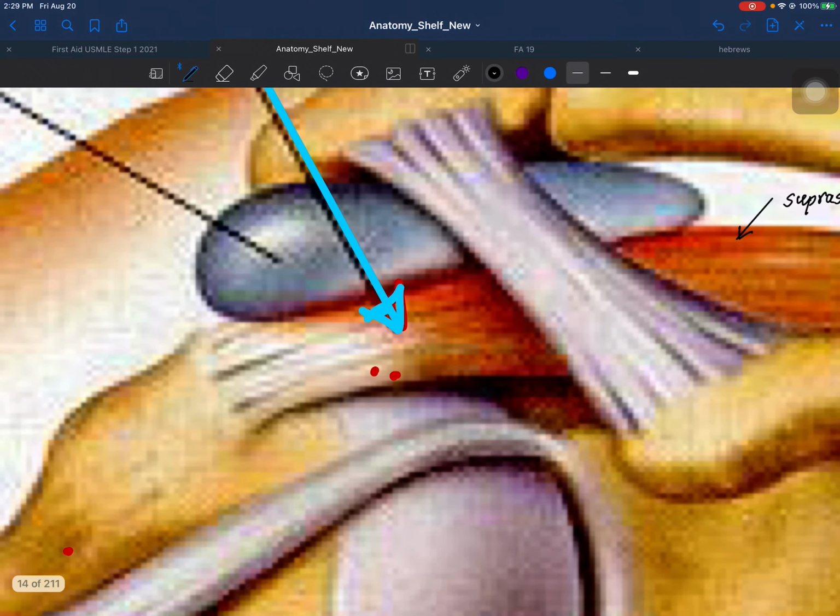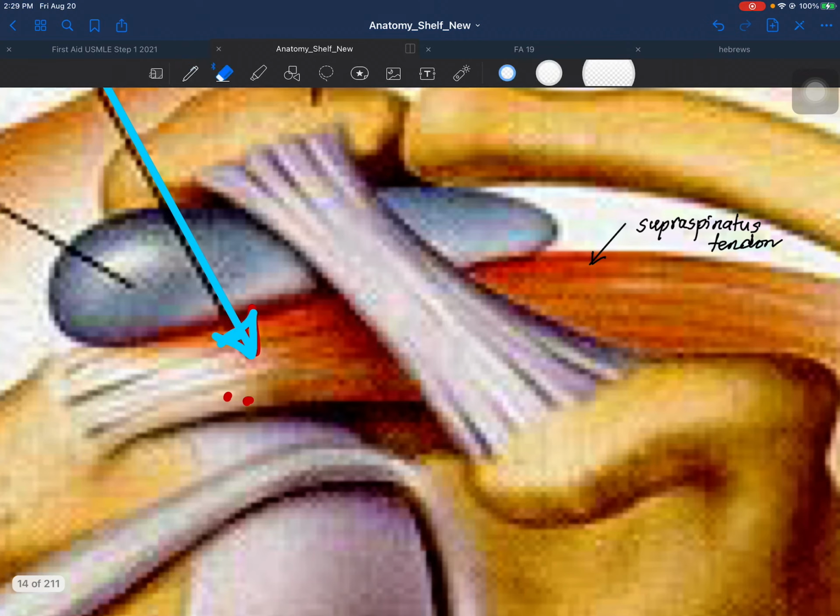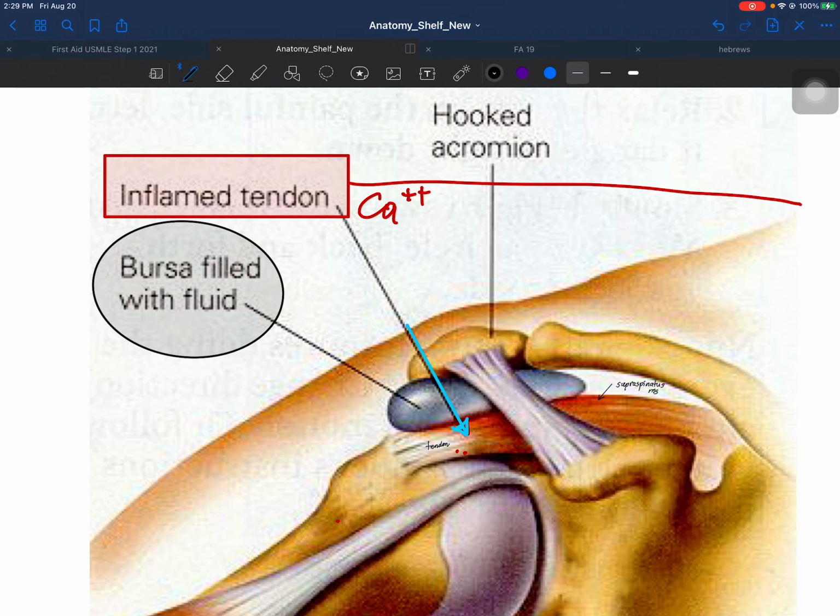The supraspinatus tendon is going to be the one here, but this is actually the muscle. This is the muscle, and this is the tendon. Okay, so that is the tendon of the supraspinatus.